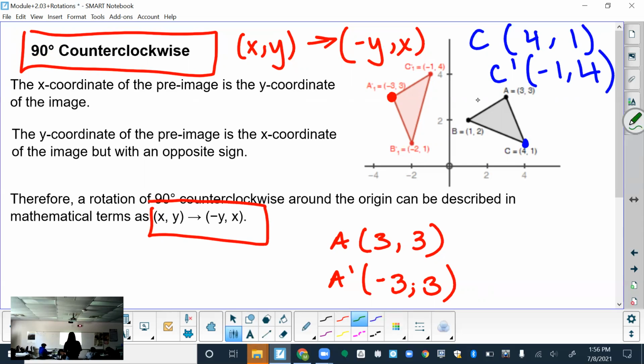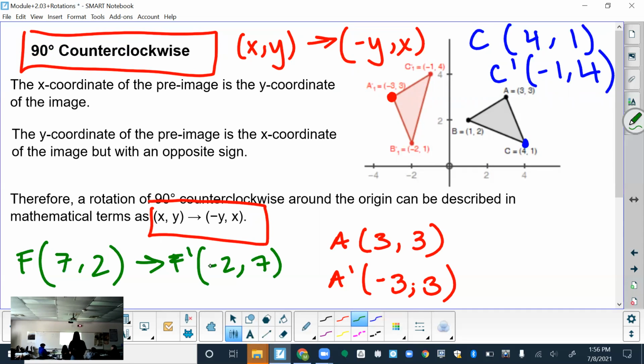Let's do one that doesn't already have the answer on here. Let's say point F originally was 7, 2. What would F prime be following this rule? -2, 7. All right, seeing the pattern.